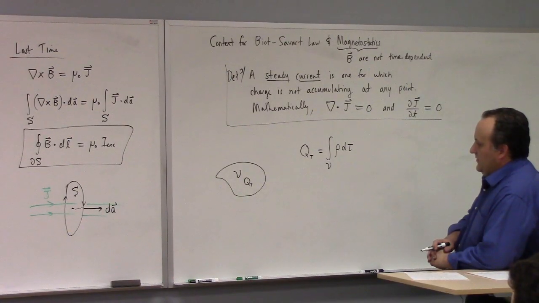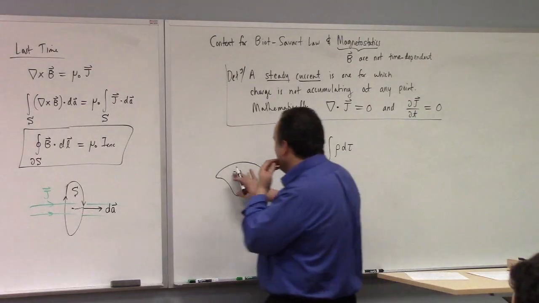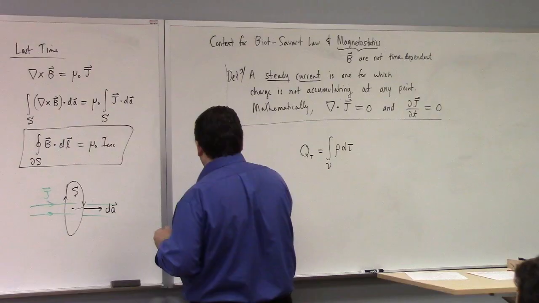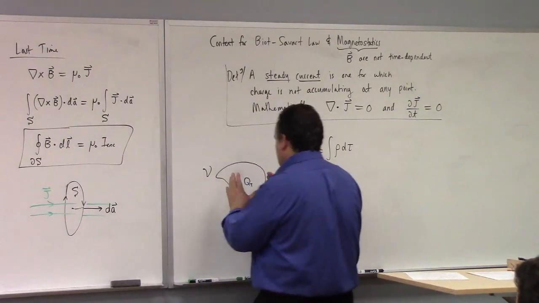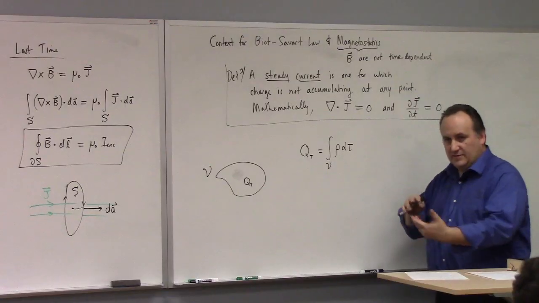Now, if that charge is changing, what has to happen to the charge inside this volume? If Q is changing, what has to happen? Charge has to leave the volume, or it has to enter the volume.